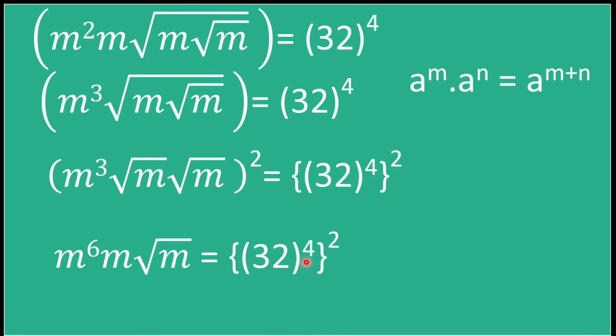And now this 4 will multiply with this 2, so it will become 8. So now this will become m power 7, because m power 6 plus 1 equal to m power 7, into the square root of m, which is equal to 32 power 8.